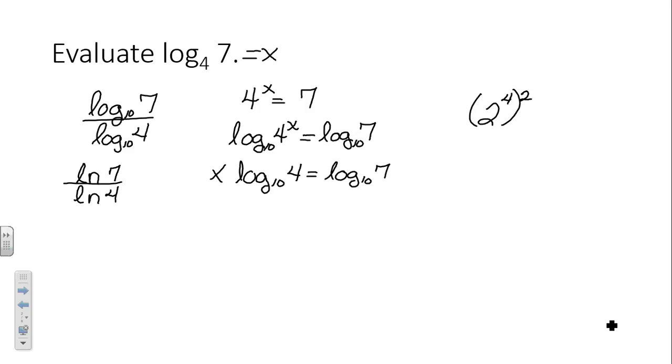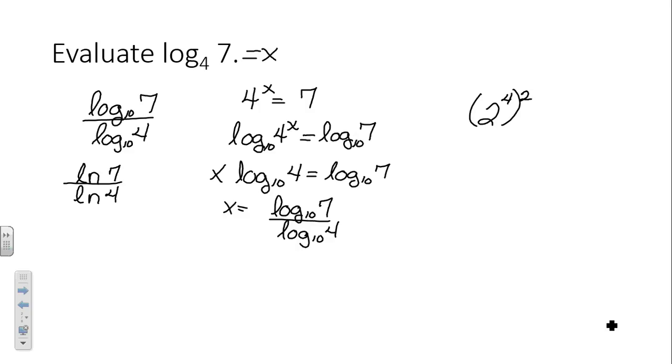How do we get the x by itself? Divide. That's the change of base formula.